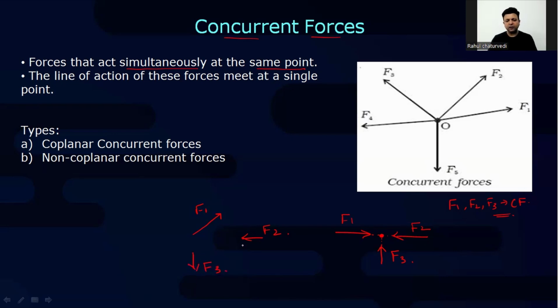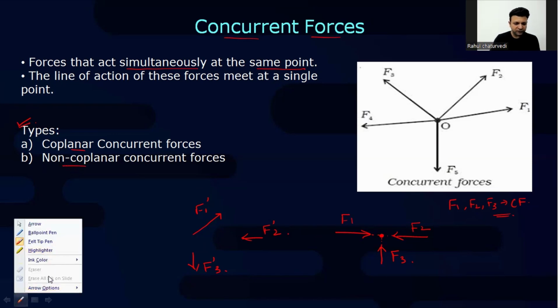In that case, their line of action is actually not passing through a single point. So you can say that these forces F1 dash, F2 dash, and F3 dash are non-concurrent forces.